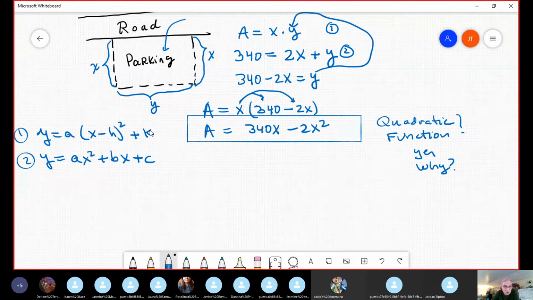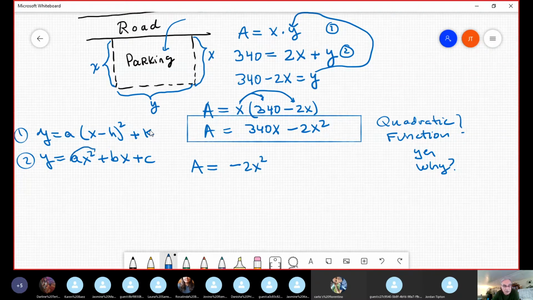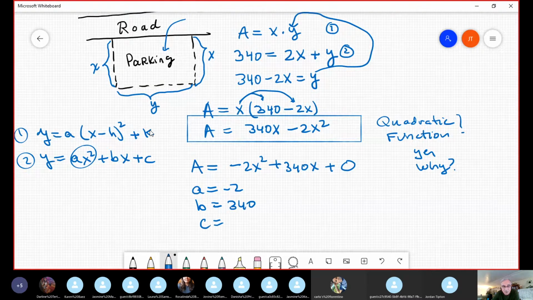Okay, look. Area is equal, let me organize in a different way: minus 2x squared, I put the quadratic term first, plus 340x, and we have nothing here. It's obvious that a is negative 2, b is 340, and c is 0 in this specific quadratic function. Do you see?